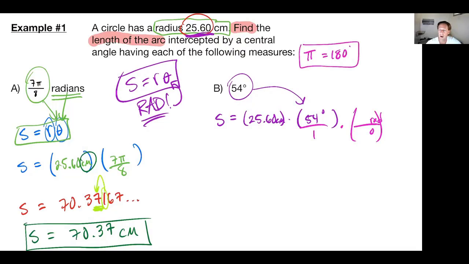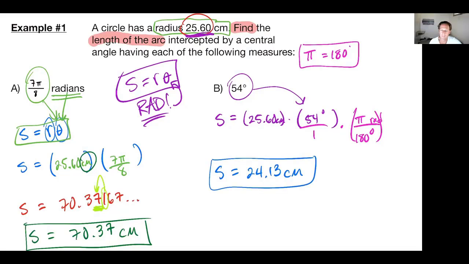Yeah, you can do 2 pi over 360, but that's twice as big. I'd rather work with something that is smaller. So I'll go ahead and put pi up here, 180 down there for the degrees. And now we can go to our calculator, punch all that in, and get our final answer of 24.13 centimeters.